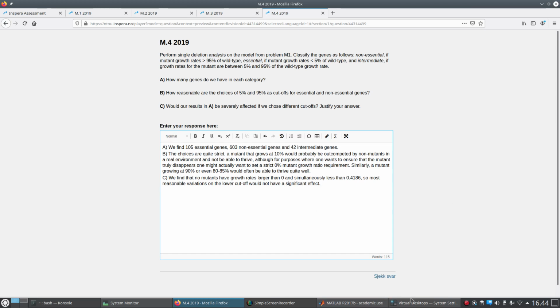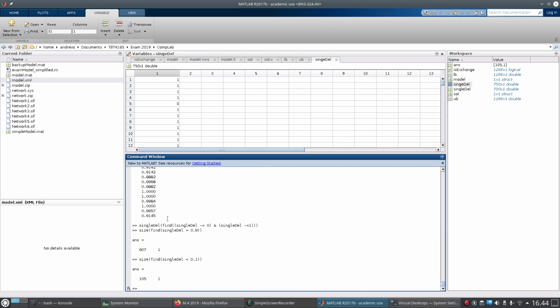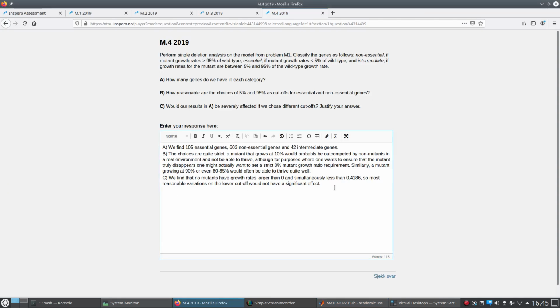If we look at the upper cutoff here, if we were to set it to 90%, or maybe if we were to set it to, let's see what we say here. If we're quite generous and we say greater than 0.8, 610.